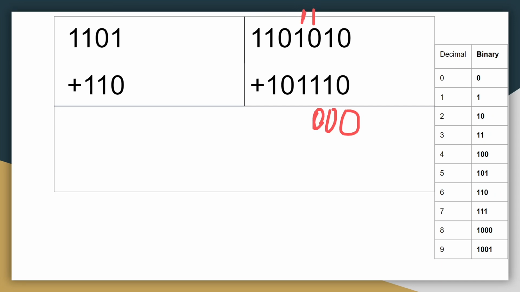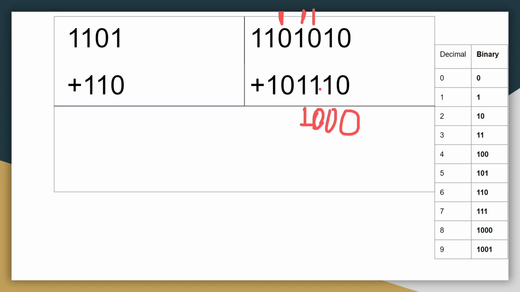Now here's where it gets a bit different. 1 plus 1 plus 1 would normally be equal to 3. But 3 is equal to 11, so that means we put a 1 down here and carry a 1 up to the top.